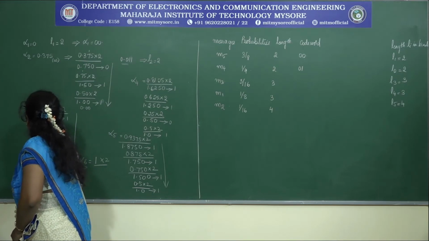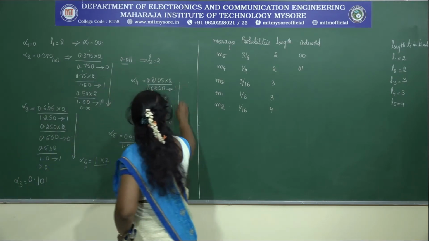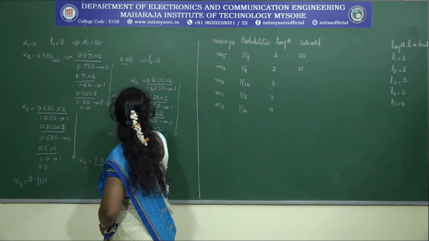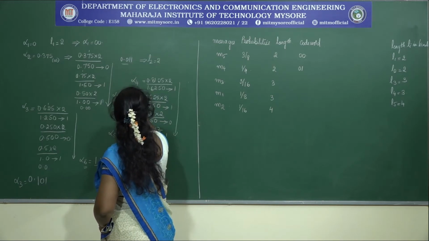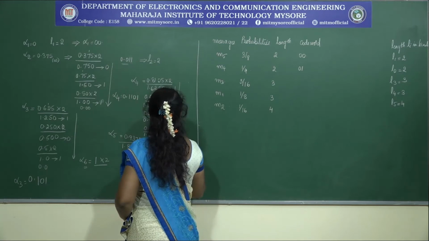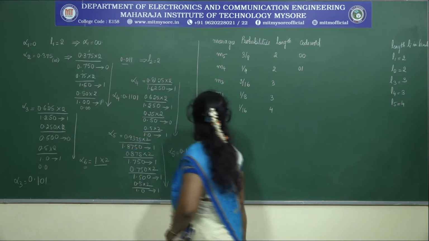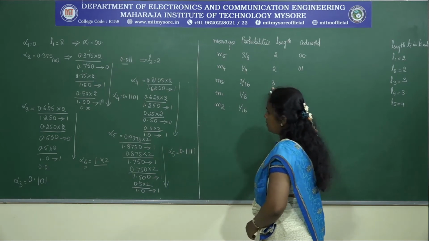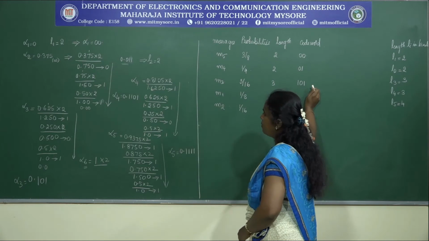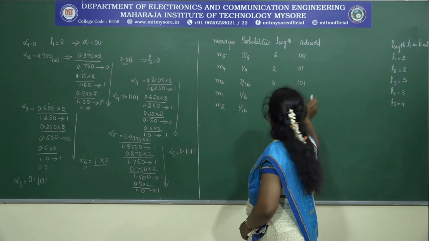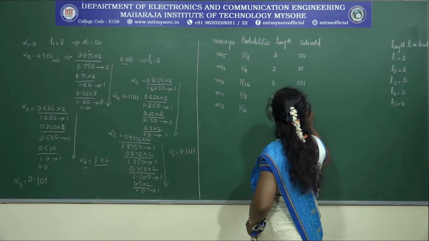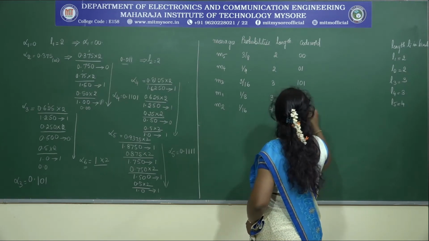If we consider alpha 4, it is 0.1101. Then alpha 5 is 0.111. So here the alpha 3 code word is 101, then alpha 4 is 1101, which is 3 bits, and this is 4 bits.